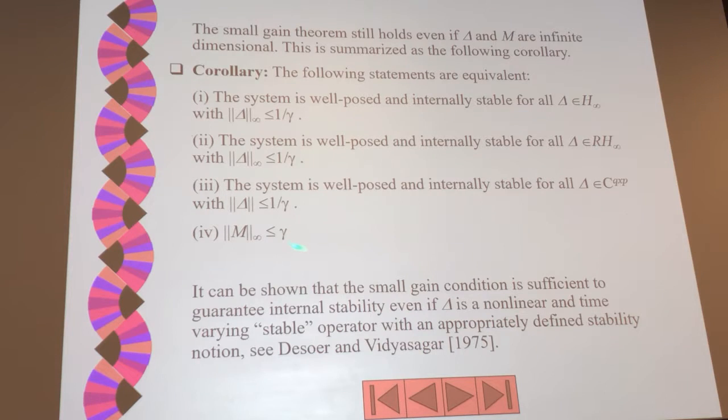All equivalent. So if you know your system worst case norm, H infinity norm, it is a sufficient condition. When I say sufficient condition, maybe you should say sufficient, but not necessary. Okay, understand? Sufficient, but may not be necessary.